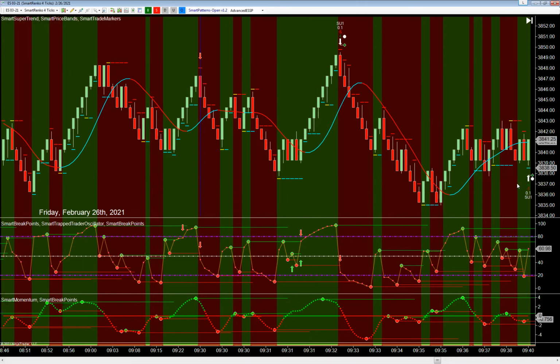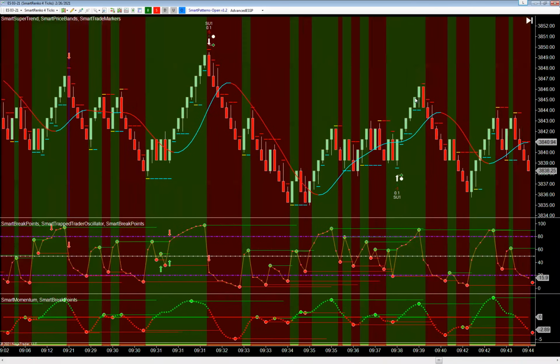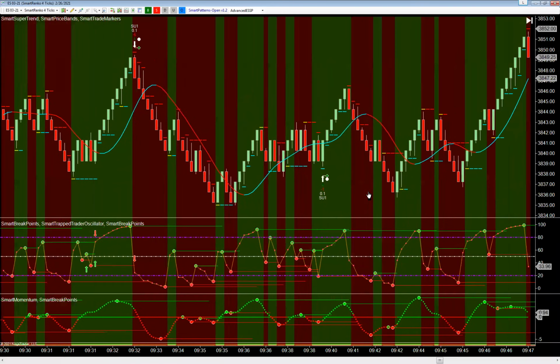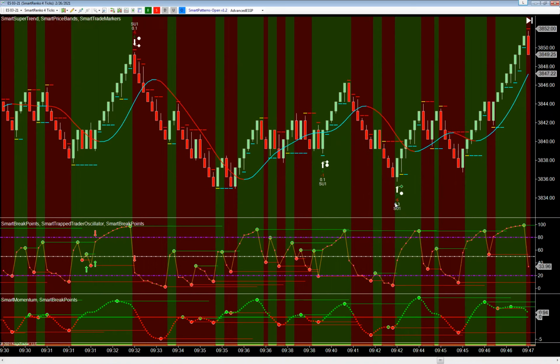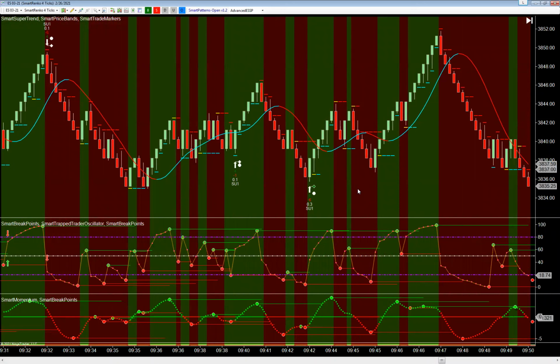So we're just going to put a little buy arrow there, and it went up a bit. And here we have a Trapped Trader Oscillator in an extreme that we fire through this red and this green. That one was easy to see. Okay. Pretty easy to see there.